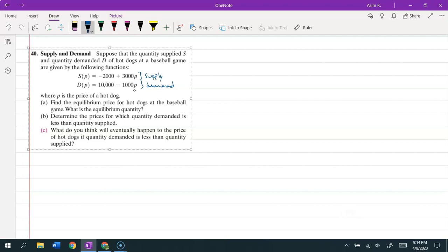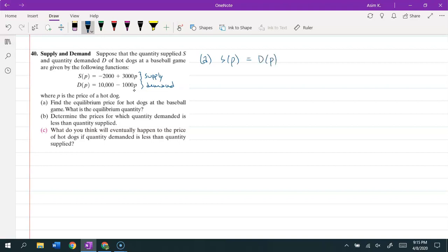So in number 40, letter A says, find the equilibrium price for hot dogs at the baseball game and what is the equilibrium quantity. First off, the equilibrium price will happen where the supply of something is equal to the demand of that thing.